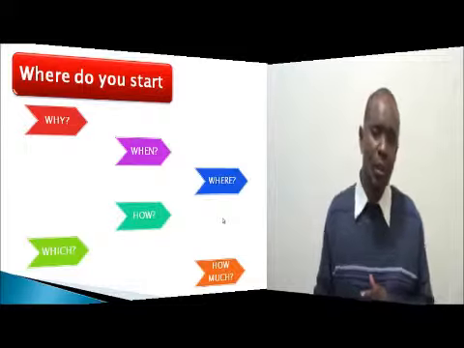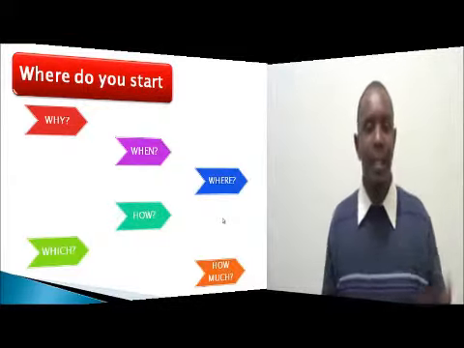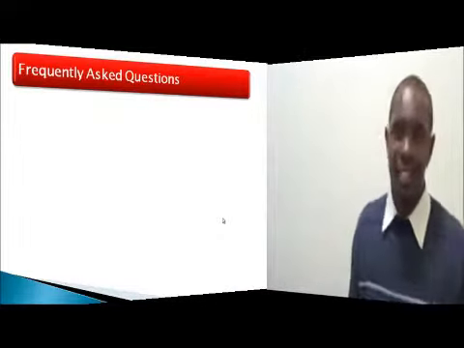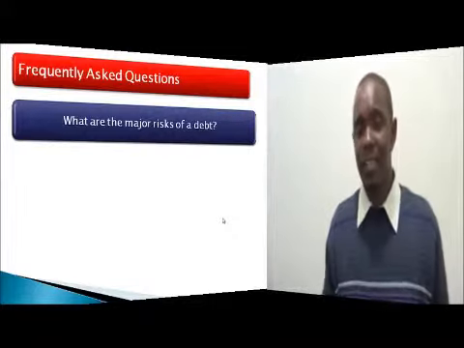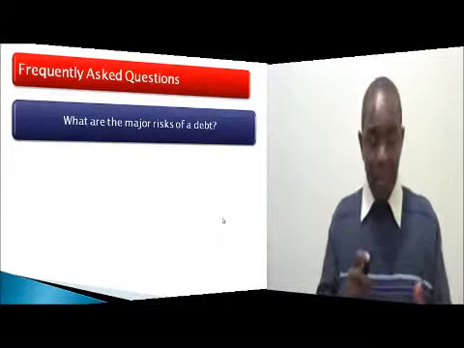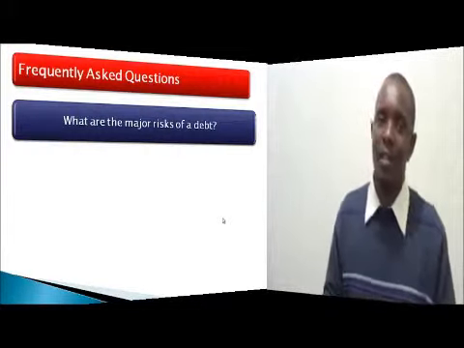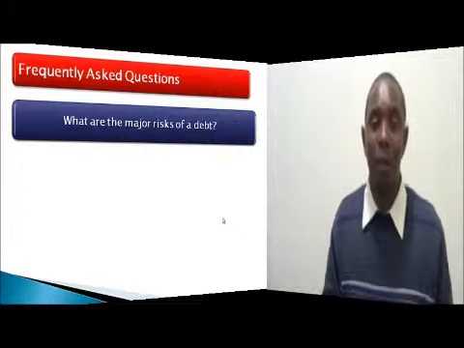Okay, so you need to be clear on all these components or parameters. They frequently ask questions like, what are the major risks of a debt? I begin by saying, once you borrow, you've entered the world of debt, and that debt has to be repaid no matter what.